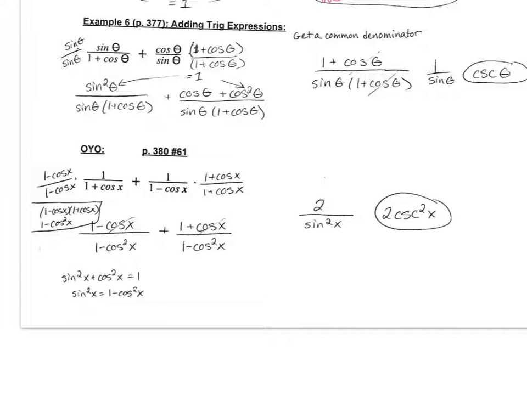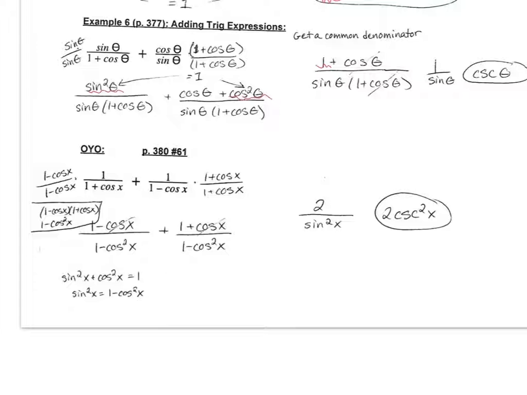And notice when we distribute our cosine into this whole entire factor, we get cosine theta plus cosine squared theta. Of course, we get sine squared over here. But again, we see our Pythagorean substitution, those two pieces right there, as we merge the denominators, coming together to be 1.